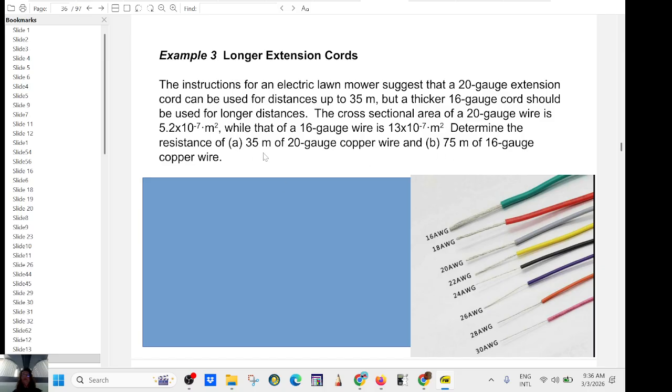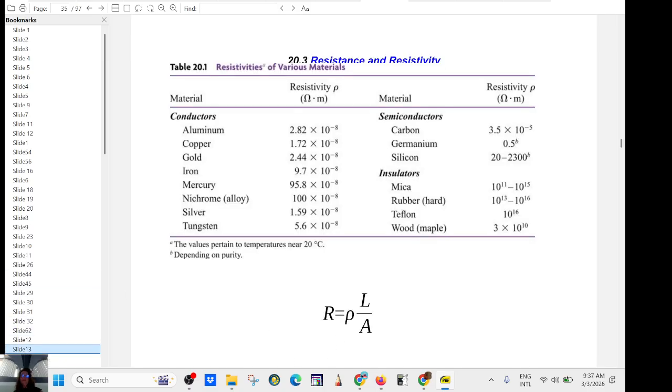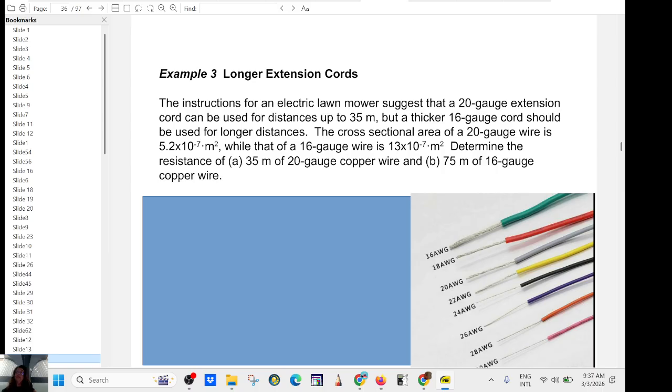Okay, so you can do that. 35 is the length. And then you have the cross section. And then it's copper. So you use that here. Copper is this. Okay, so you do 1.72 times 10 to the negative 8. You multiply by the length and you divide by the cross section. You can do that with your TI.